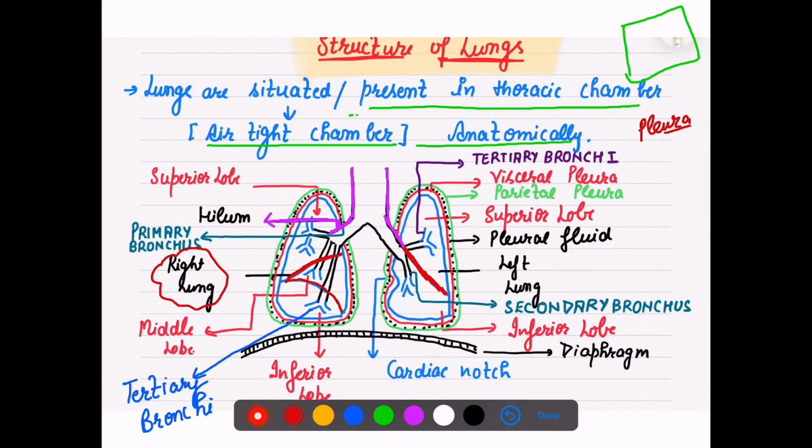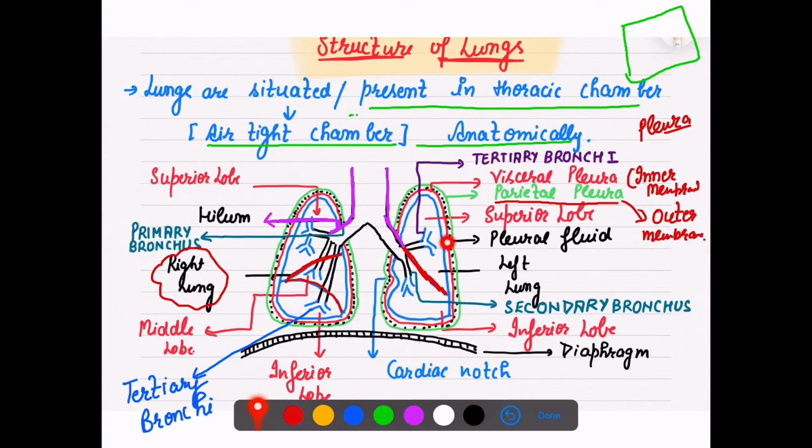The inner membrane, red in color, is called visceral pleura, and the outer membrane, green in color, is called parietal pleura. So the membranes around the lungs are two: visceral pleura and parietal pleura.